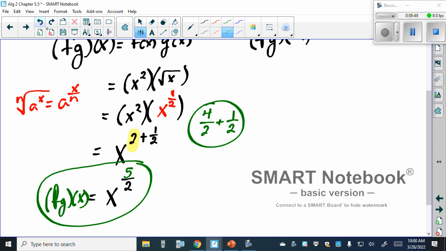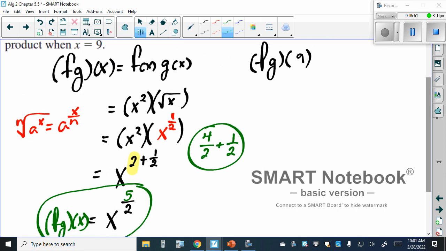Now, we need to evaluate this when x is 9. So we're just plugging 9 in for x. We're taking 9 to the 5/2. For this here, 9 to the 5/2, that's all numbers, yes?